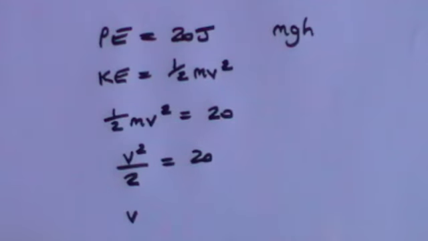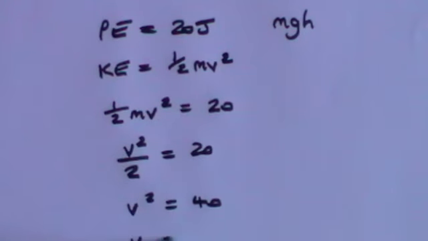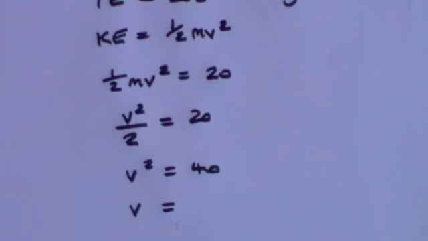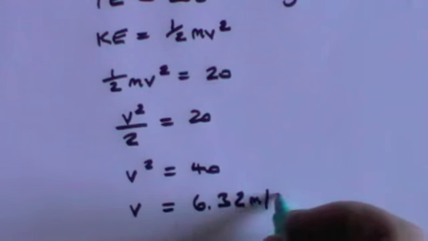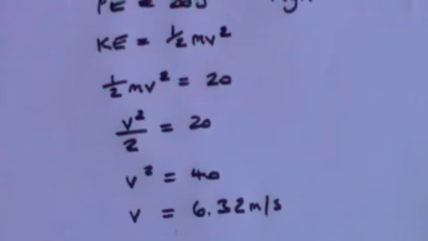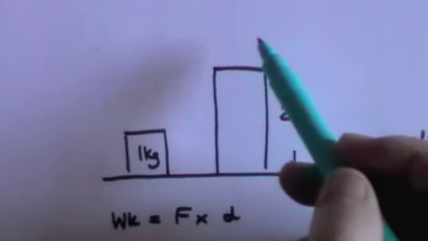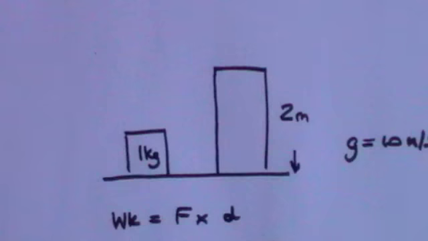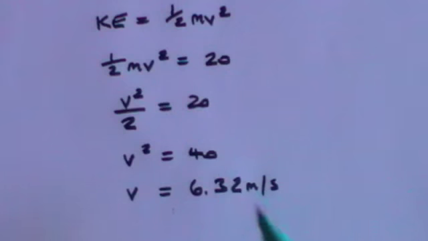V squared equals 40, and v is the square root of 40, which I think is 6.32 meters per second. So when that 1 kilogram block falls off the table, 2 meters up, and smashes onto the floor below, it will be travelling at 6.32 meters per second.